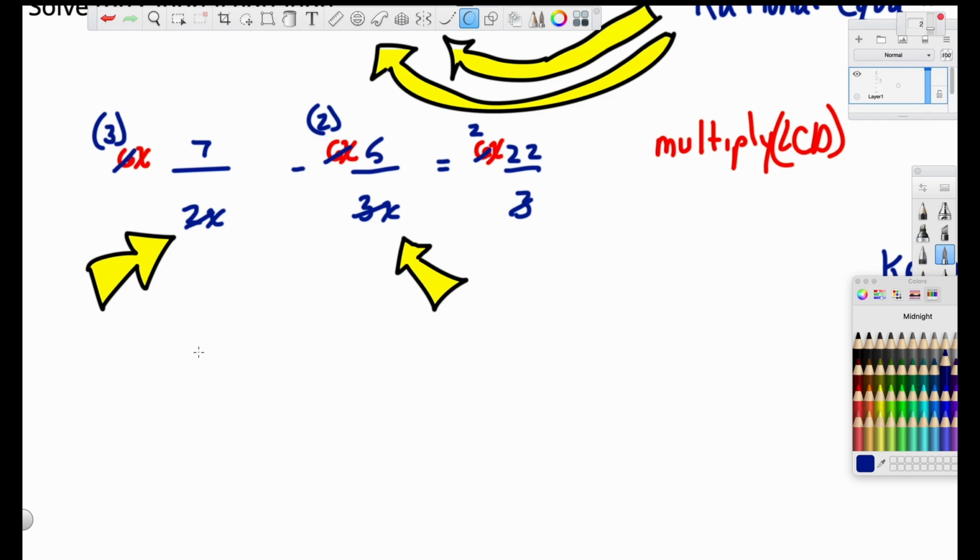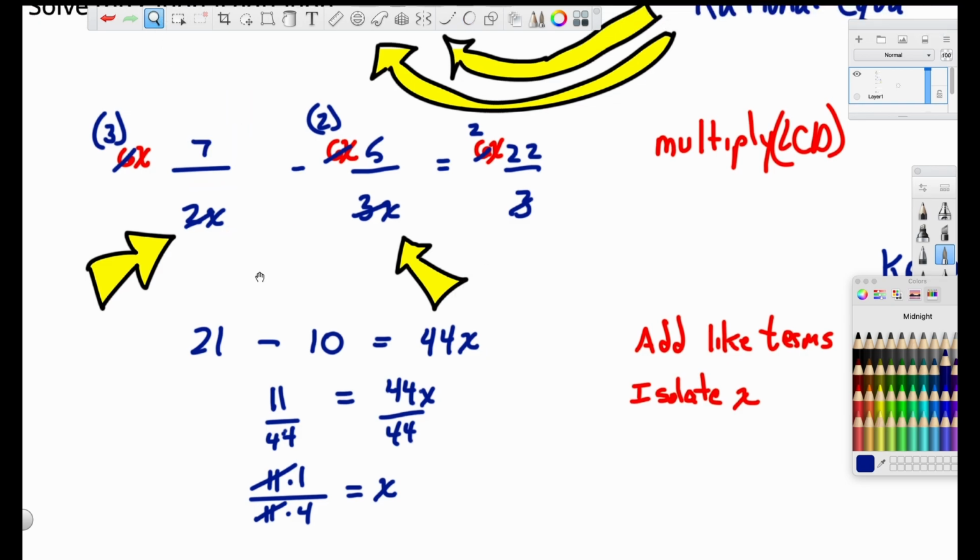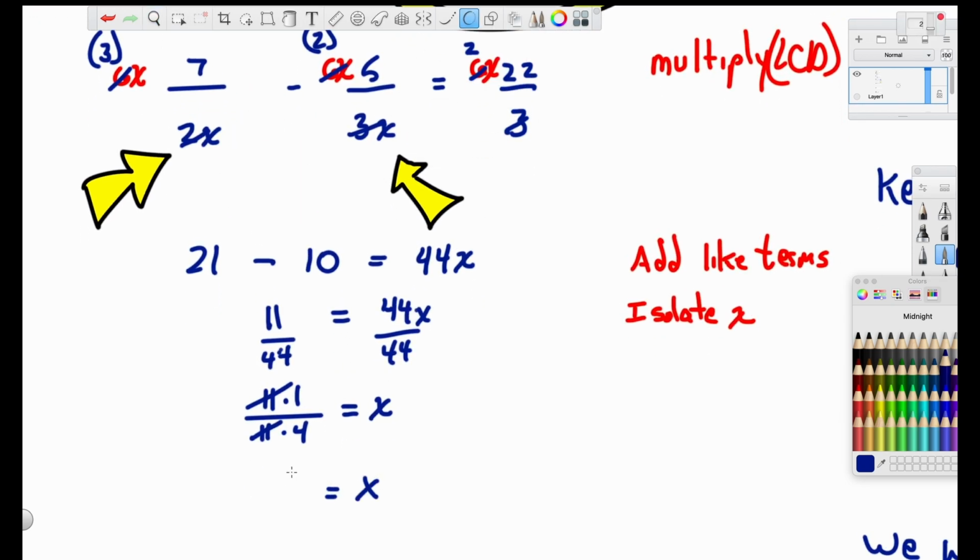And 6x divided by 3 is 2x. So let's multiply through. Equals 44x. And simplify. Okay, isolate x, divide 44 to both sides. And I factored out the common factor. x is 1/4.